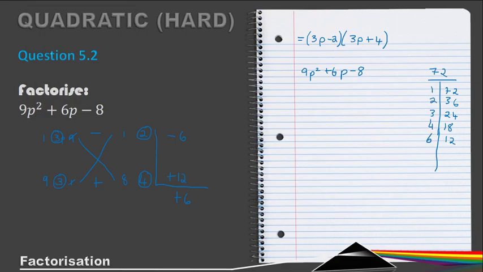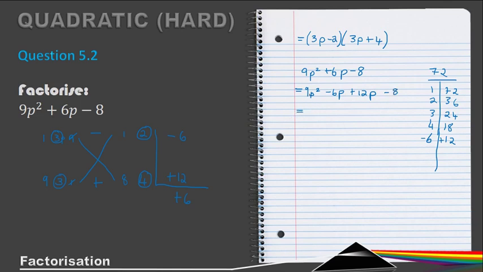Now if I want to get plus 6, then I can say plus 12 minus 6. So rewriting this as 9p squared, I'm going to put the 6 with a 9 and the 12 with an 8. So this is going to be minus 6p plus 12p minus 8.